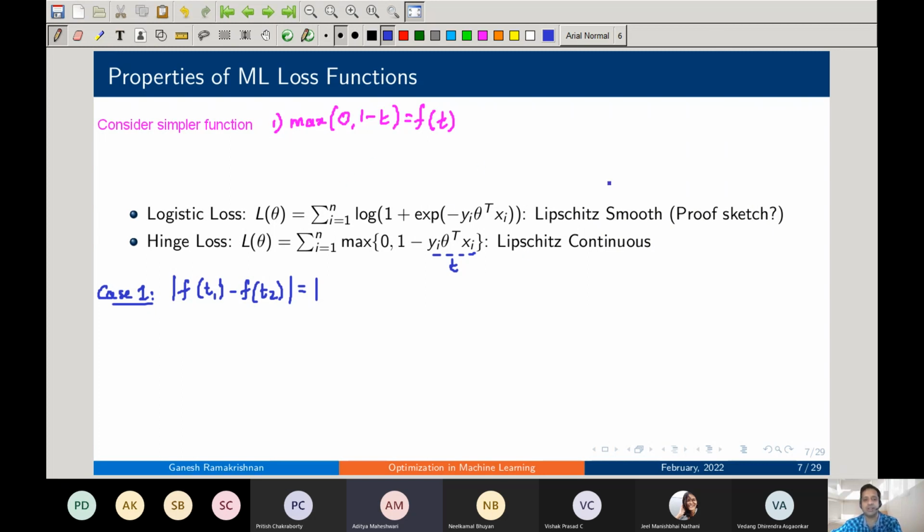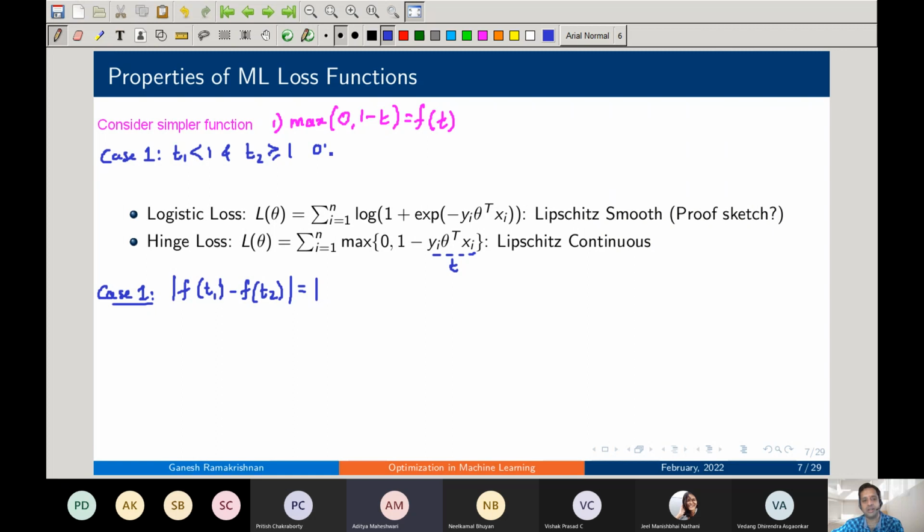Okay, so I'm going to just consider cases. So case 1 would be t1 less than 1. See, if t1 is less than 1, then immediately the second part peaks, right? And if t2 is, let's say, greater than or equal to 1, then the first part peaks.